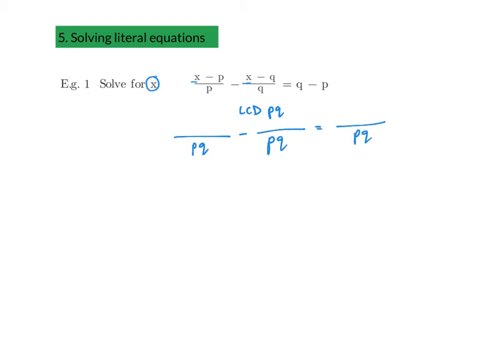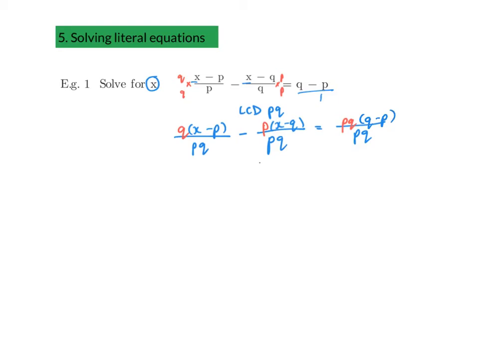Now the first fraction, I would need to multiply by Q, top and bottom. The second fraction, to make my denominator PQ, I'd need to multiply by P, top and bottom. And the last fraction has a denominator of 1, so I'd need to multiply top and bottom by PQ to give them all the same denominator.